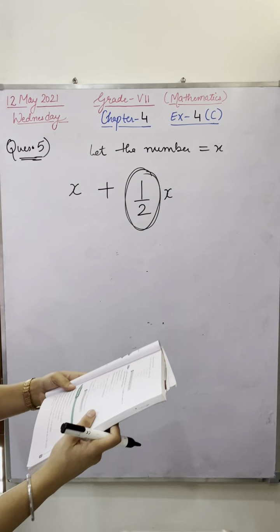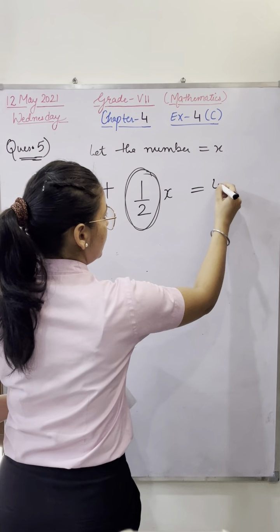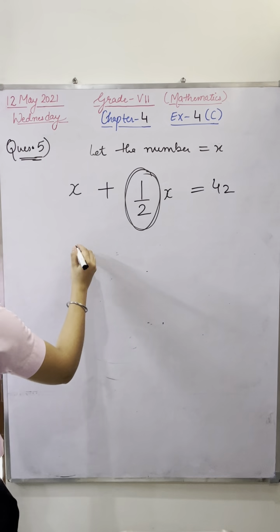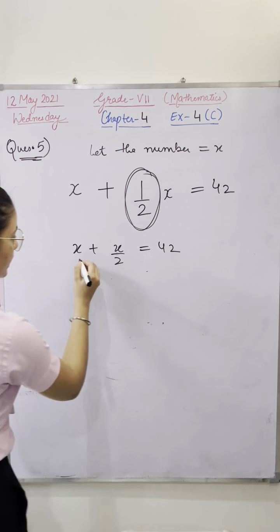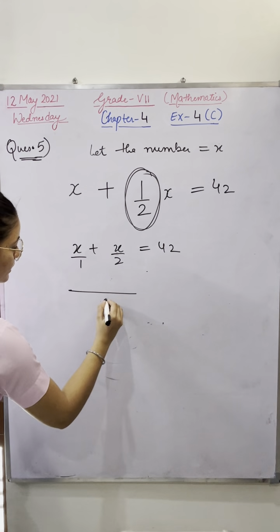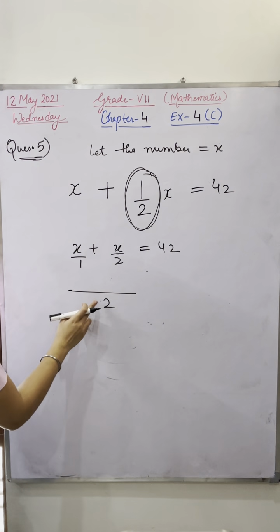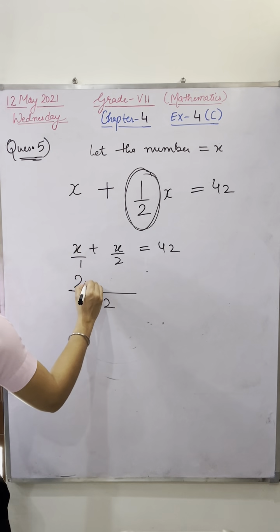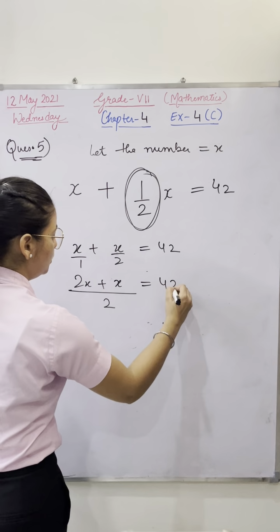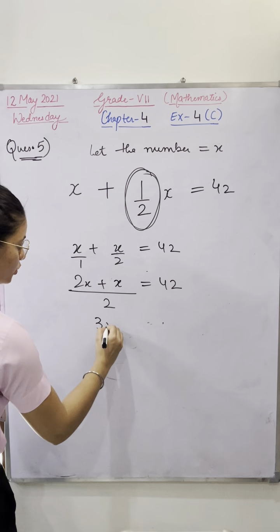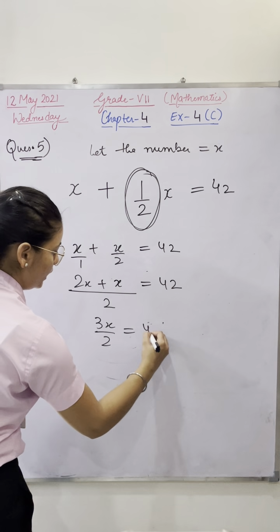It gives you 42. Just write x plus x by 2 is equal to 42. Write 1 and take the LCM, that will be 2. 2 multiplied by x is 2x, and 1 into x is x, equal to 42. 2x plus x, 3x upon 2 is equal to 42.